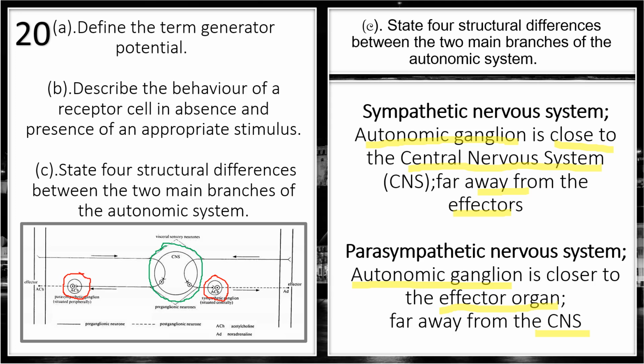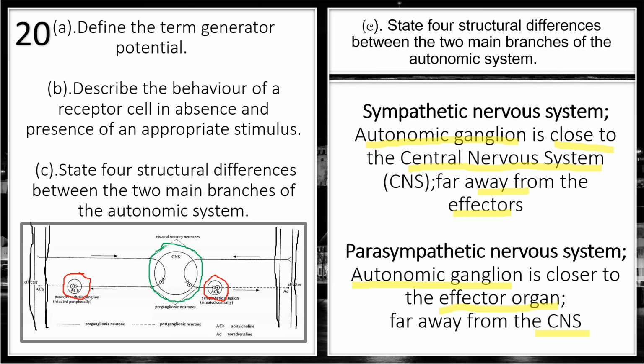Then this side here is the effector where the sympathetic nerve is going, and this one is the effector where the parasympathetic nerve is going.